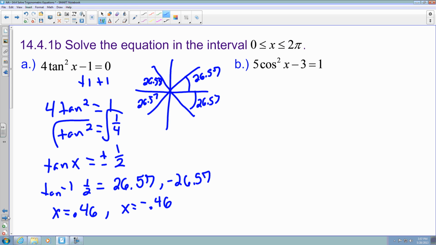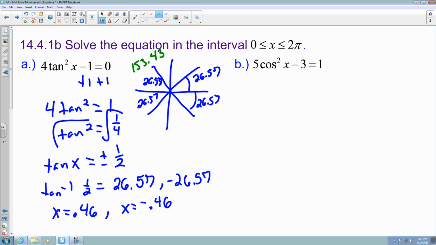So let's take a look at quadrant 1. We already have it's going to be 26.57. To find the one in quadrant 2, I take 180 and subtract 26.57, and I'm left with 153.43.